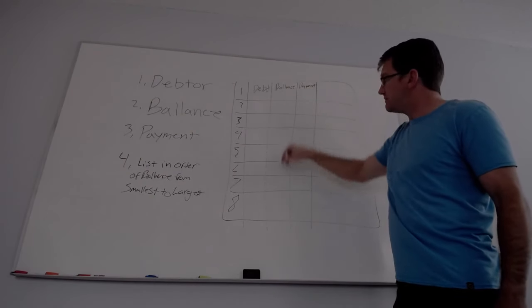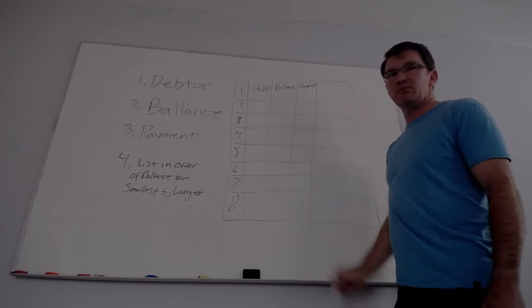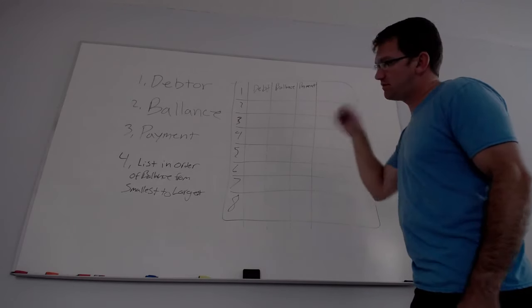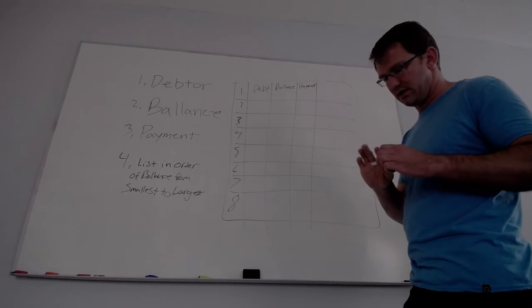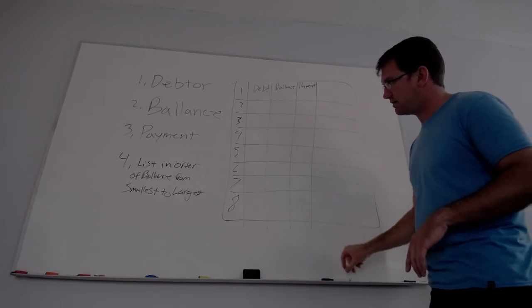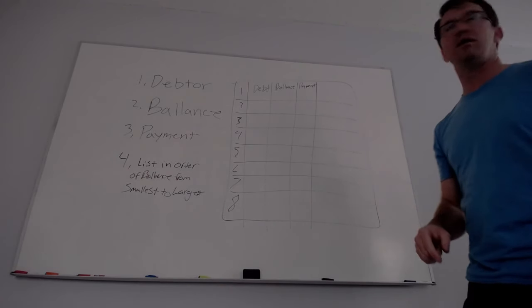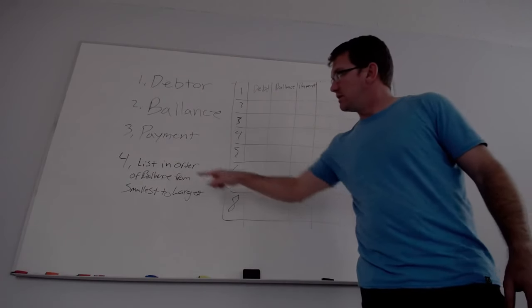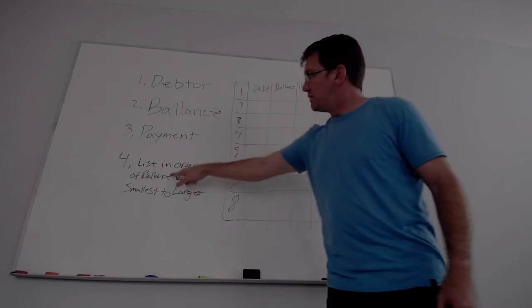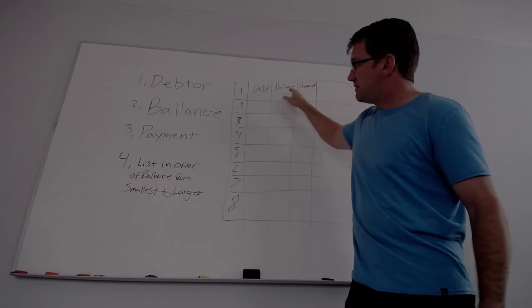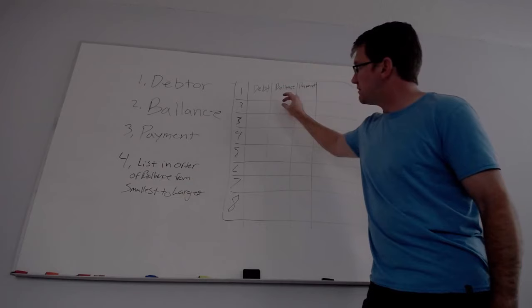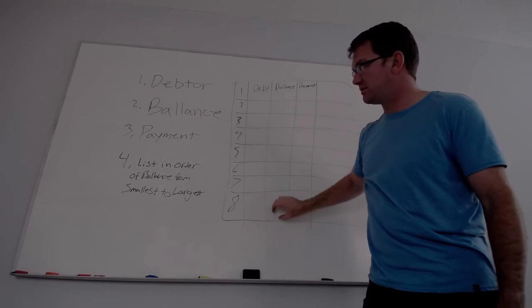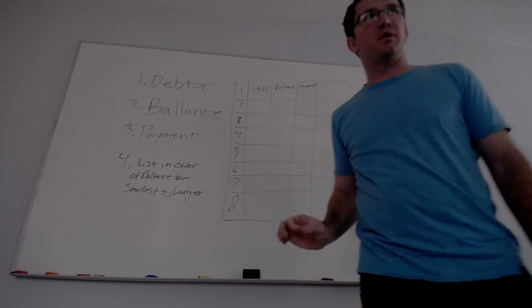What's the balance? How much is your monthly payment? Then you can go from there. You can rewind if you want to see the other chart that we did. But that's pretty much it. I'll leave that on the chart. If anybody wants to write me right now, I'm going to sit at the computer. But you do that at home. List them in order of balance from smallest to the largest balance. It's the best way to do it.